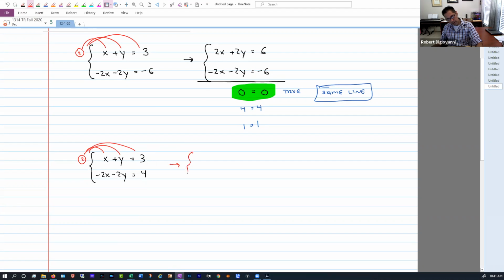I'd come up with 2x plus 2y equals 6. And the bottom one would be negative 2x minus 2y equals 4. We add straight down. The left side, everything goes away, you get 0. But on the right side, you get 10. Do you see that? And does 0 equal 10? Not today, right?